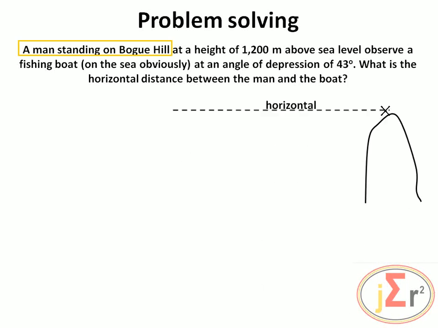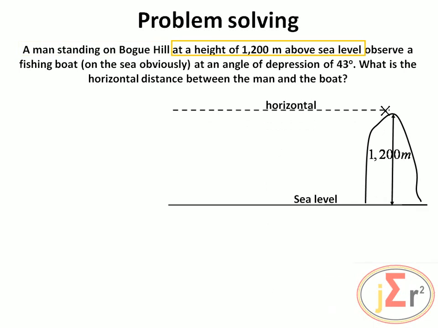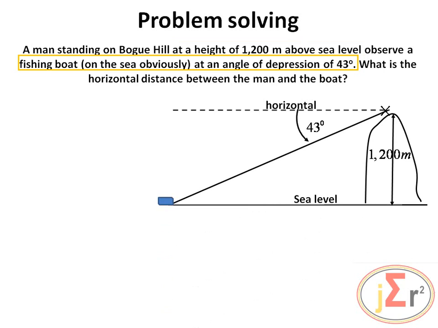A man standing on Bogue Hill, there's Bogue Hill, and that X indicates the position of the man. And the height above sea level is also given, and the sea level is placed there also, 1,200 meters, and there we have the level of the sea. Observes a fishing boat, right?